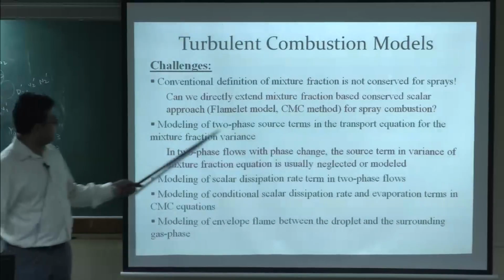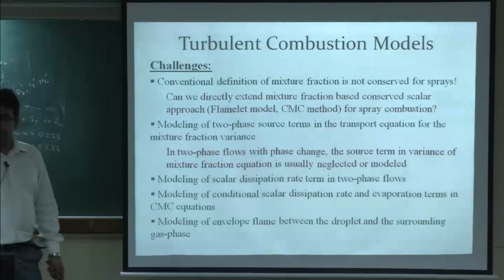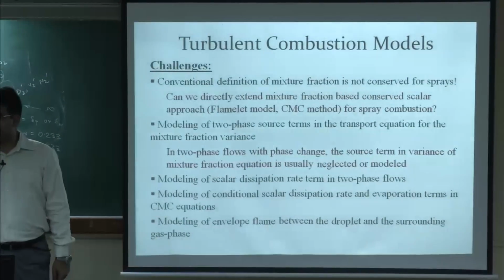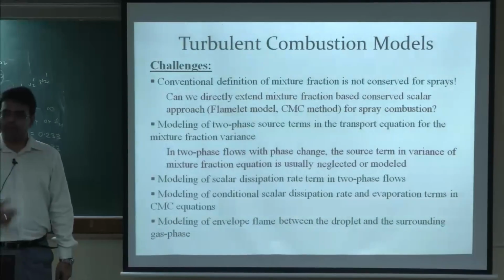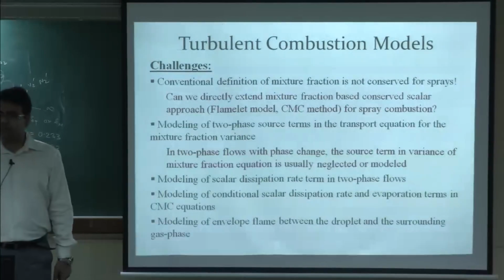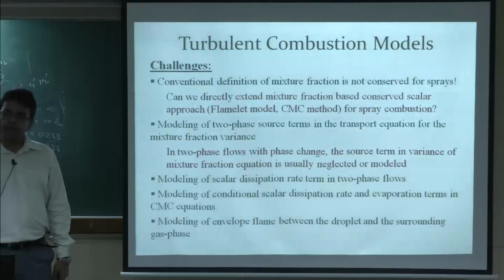The modeling of the two phase source terms in the transport equation for the mixture fraction variance. So now you have previously seen the transport equation for the mixture fraction variance. Now when there is evaporation of the liquid droplet, there will be a source term. Okay. We will see what the form of the source term is, and then how we can model that.